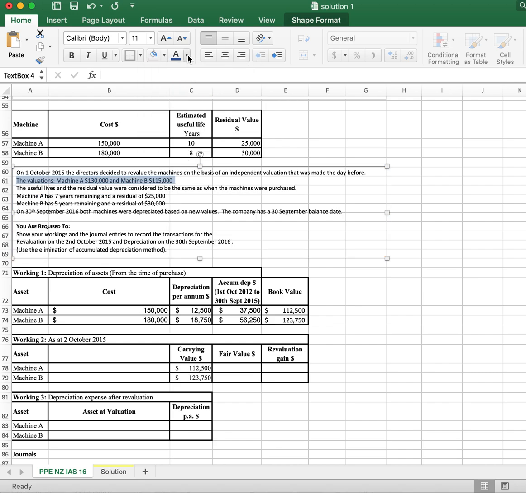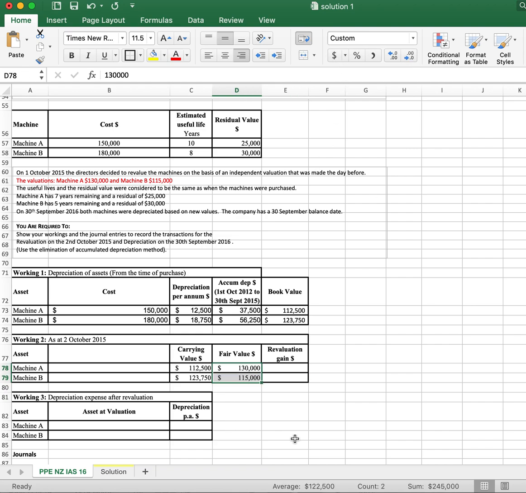The valuation up here tells us that machine A was 130, okay, 130, 123, and that it's 115 for machine B. Okay, so therefore, wow, it's worth more than we thought, more than the books show, sorry.